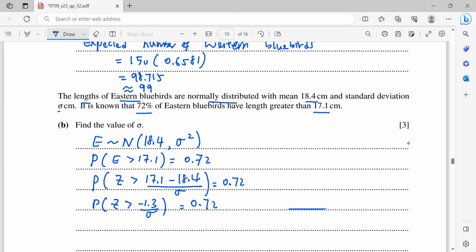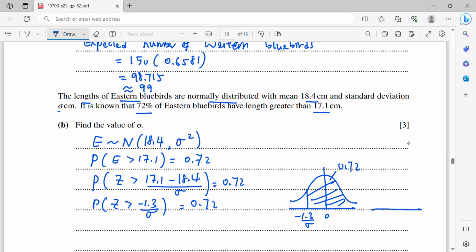Now, our special graph. Obviously, negative 1.3 over sigma is a negative value, because standard deviation will not be negative. It will always be positive. So, negative 1.3 over sigma, and the probability is 0.72. That means here is 0.72. Now, obviously, the negative value is not available in the normal table.